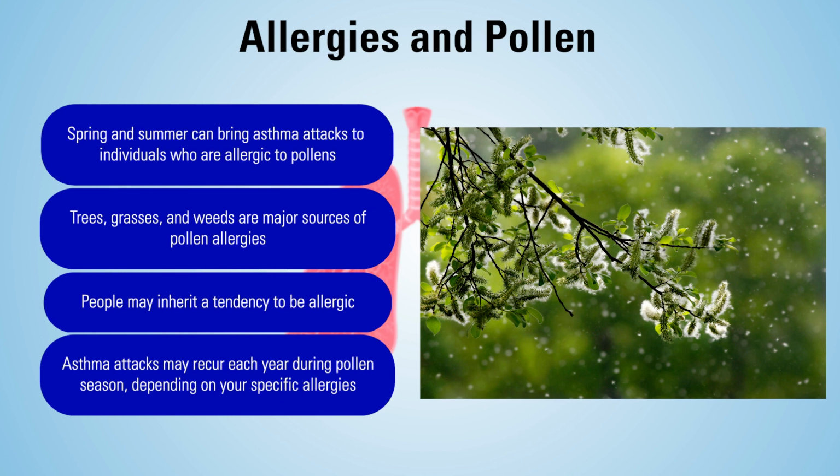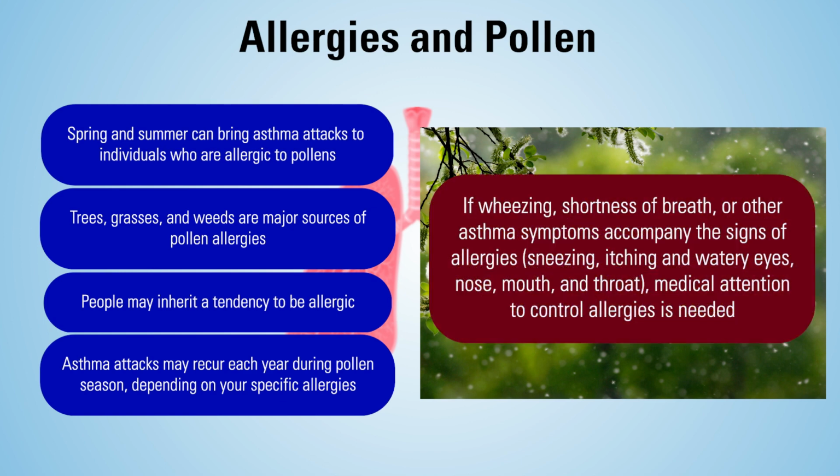If you know your asthma is worse during certain times of year, make sure you are taking controller medicines for both asthma and allergies. Though long-acting antihistamines taken by mouth may be helpful, nasal steroids work best. If wheezing, shortness of breath, or other asthma symptoms accompany the signs of allergies, sneezing, itching and watery eyes, nose, mouth, and throat, medical attention to control allergies is needed.